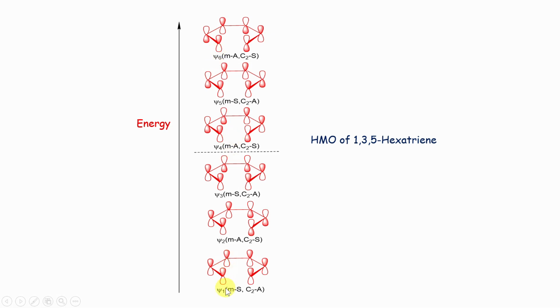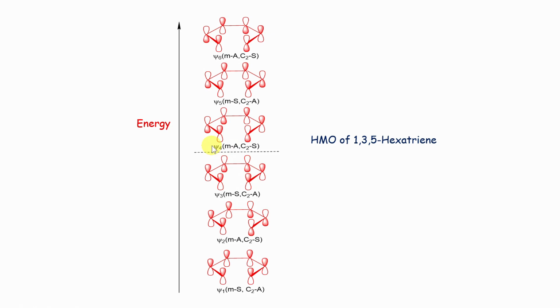Psi 1 is symmetric with respect to the mirror plane and anti-symmetric with respect to the C2 axis. Psi 2 will be anti-symmetric with respect to the mirror plane and symmetric with respect to the C2 axis.